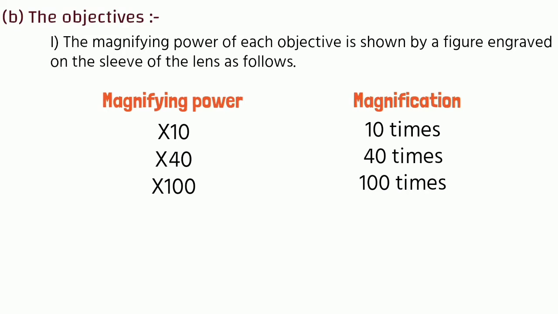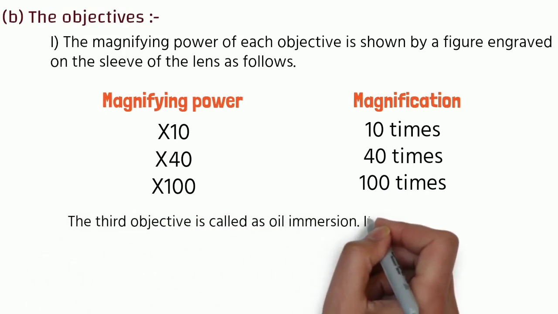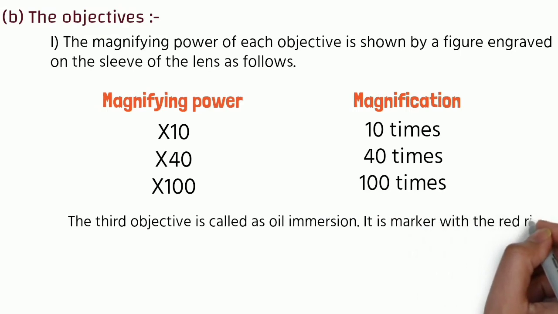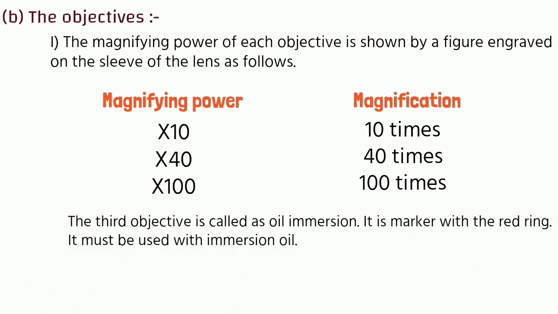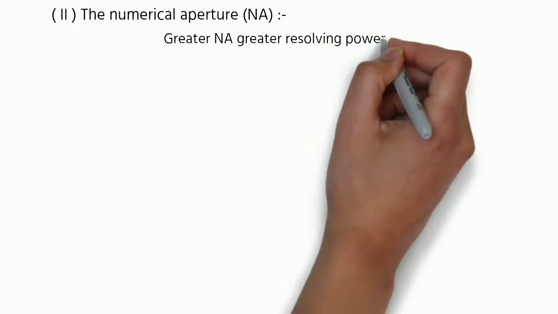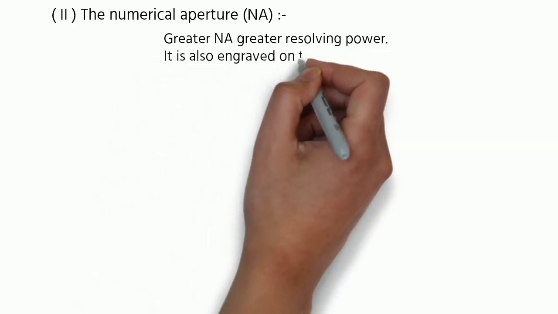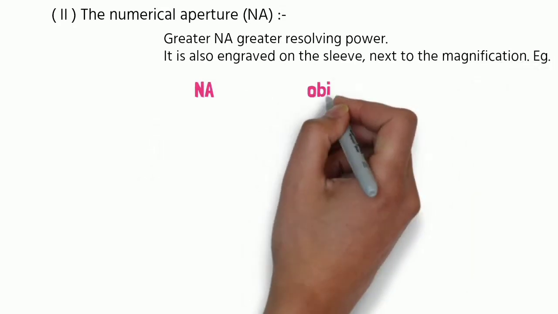The third objective is called oil immersion. It is marked with a red ring. It must be used with oil immersion only. Then numerical aperture: the greater the numerical aperture, the greater the resolving power. It is also engraved on the sleeve next to the magnification, for example NA, meaning numerical aperture, and objective.